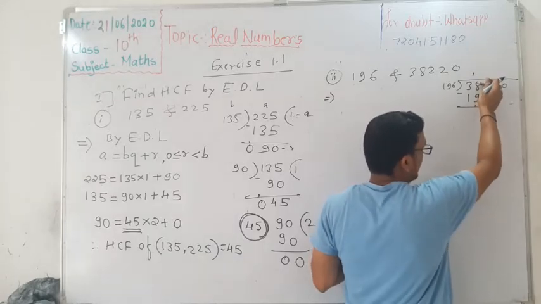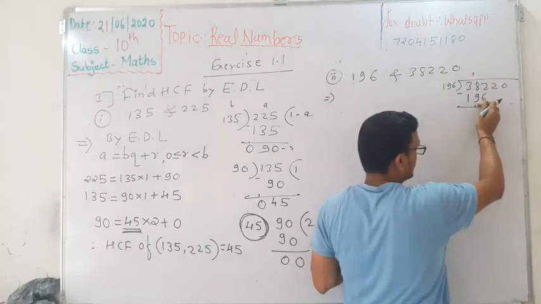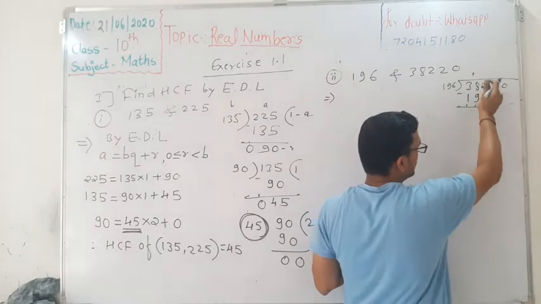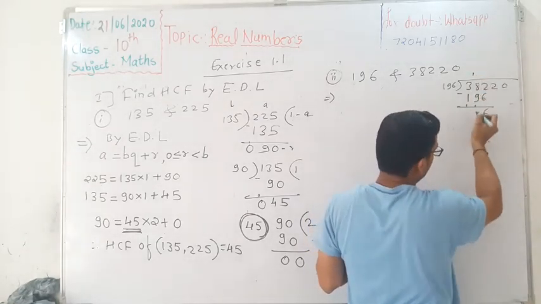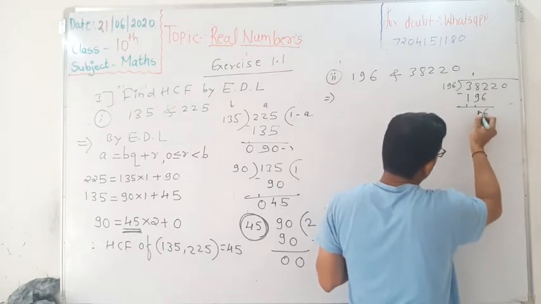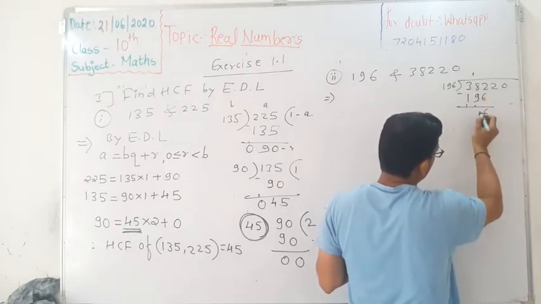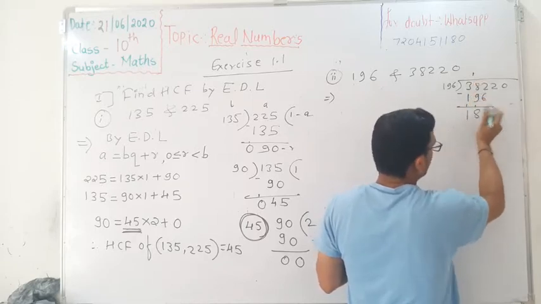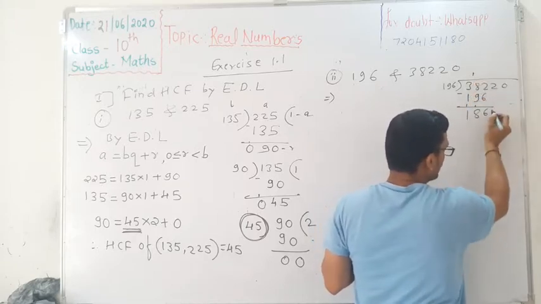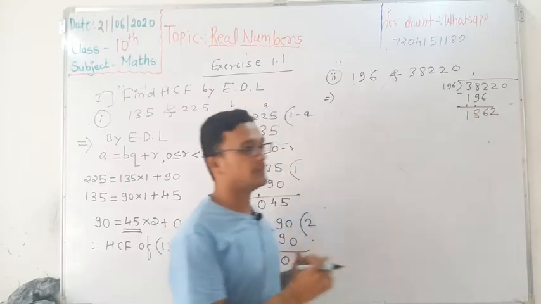Next, 8 minus 10 is not possible, so I carry 1 and it becomes 18. 18 minus 10 will be 8, and 3 minus 2 will be 1. I will take this 2 to the remainder.